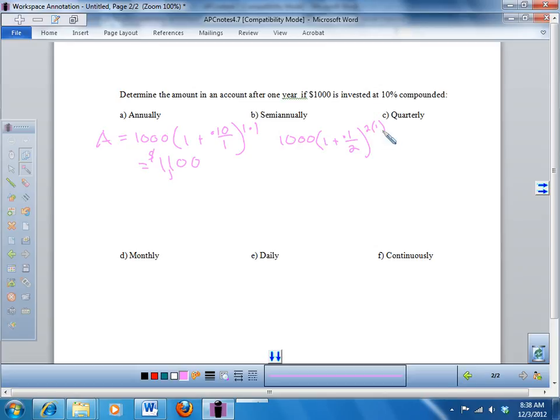Okay? So this is happening for 1 year, twice a year, at 5%, right? Because it's 0.1 divided by 2. And if you plug that into your calculator, which I did, I get $1,102.50.